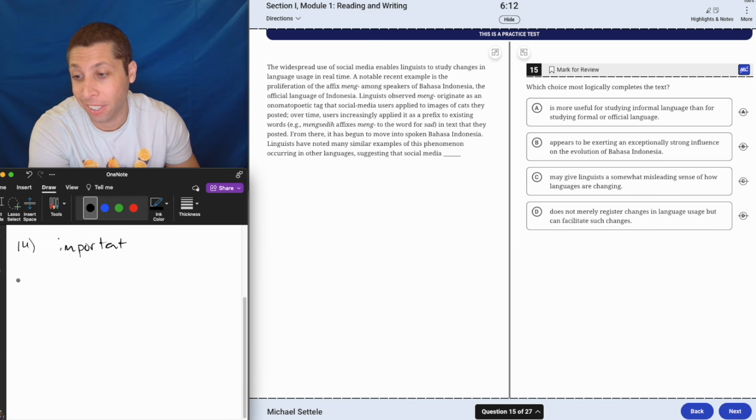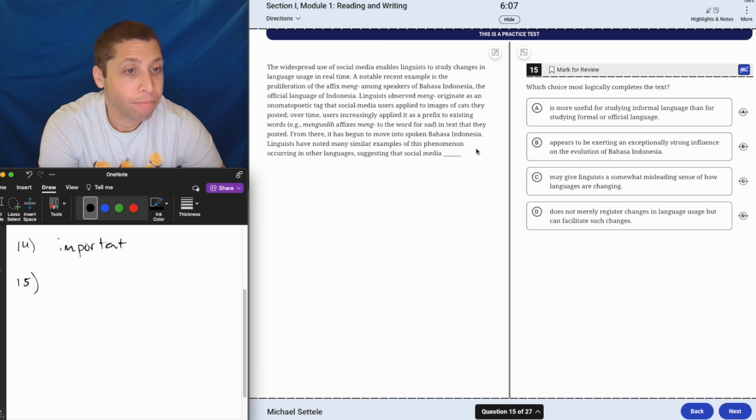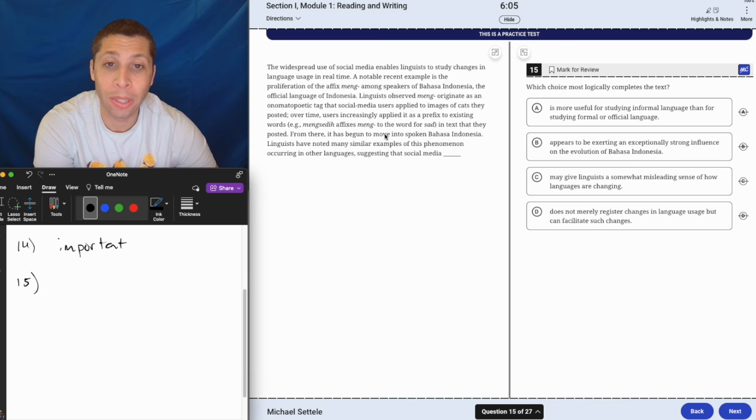Okay. This is very easy, this section. The widespread use of social media enables linguists to study changes in language usage in real time. A notable recent example is the proliferation of the affix Meng among speakers of Bahasa Indonesia, the official language of Indonesia.